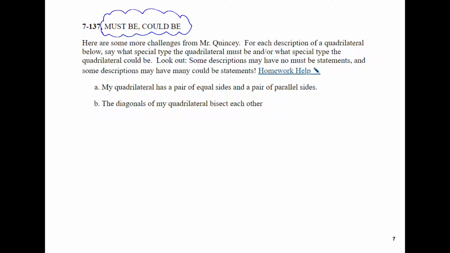So the first quadrilateral that they are describing, the quadrilateral has a pair of equal sides and a pair of parallel sides. If it has a pair of equal sides and a pair of parallel sides, it must be a trapezoid.